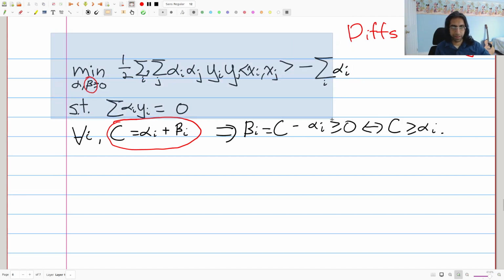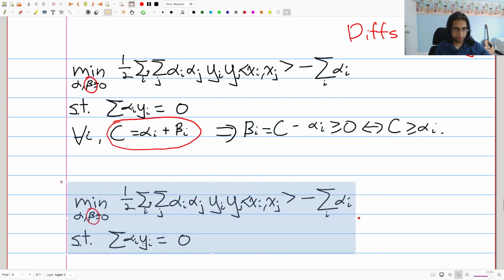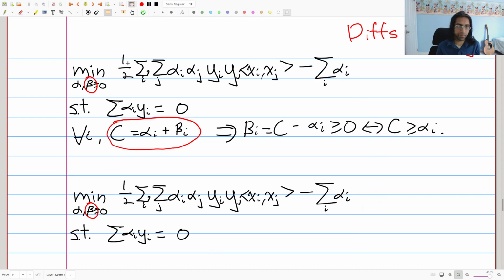It's essentially exactly this, except that because we have managed to get rid of this beta, we now just have alpha is greater than or equal to 0. And the new thing is, we said that C is greater than or equal to alpha. So this is the one change. C is greater than or equal to alpha.